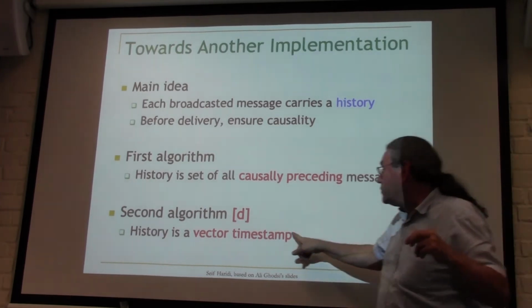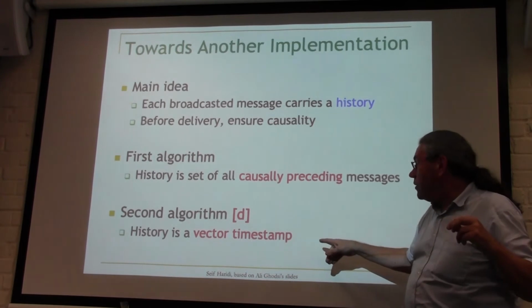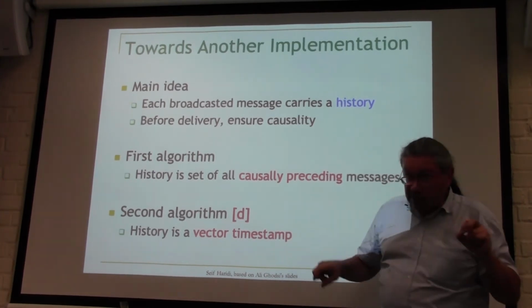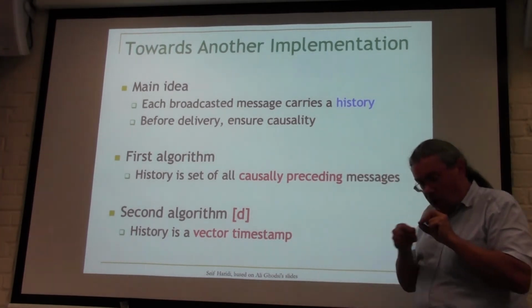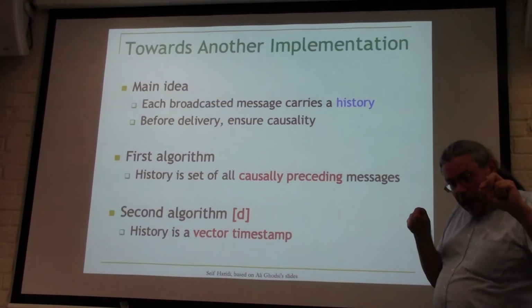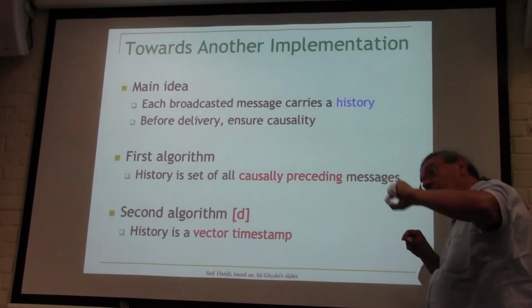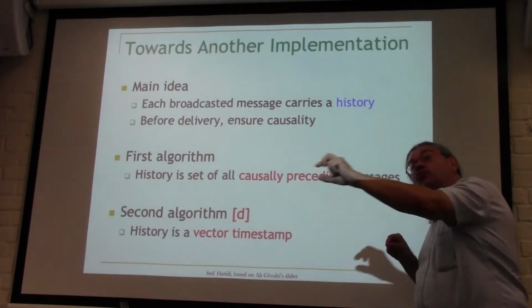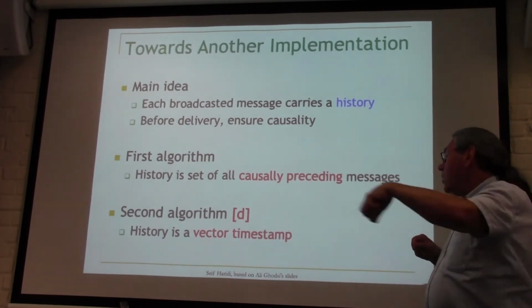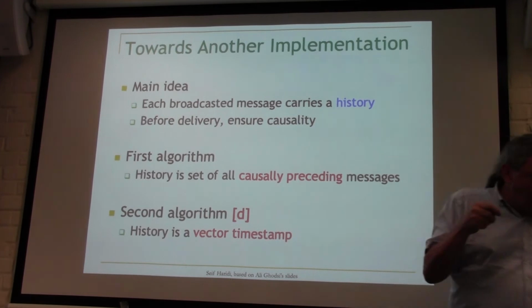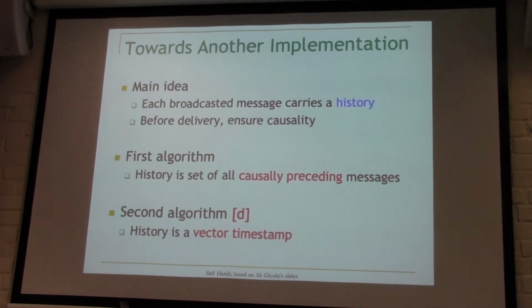But you have to understand what it's doing here. The vector clock is not keeping track of the messages, but only the number of messages. The vector clock will tell you how many causally preceding messages on each node are known. So I just know the number of messages.